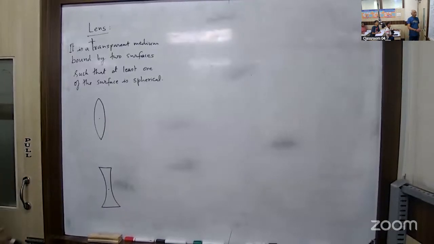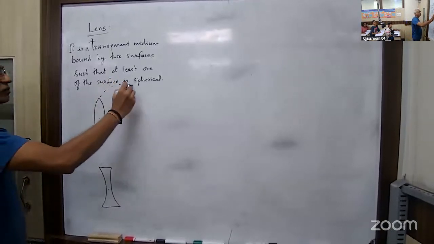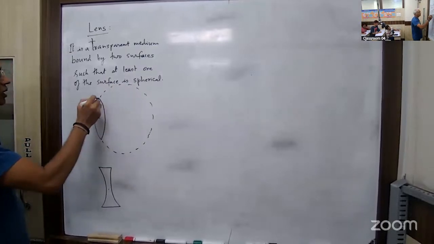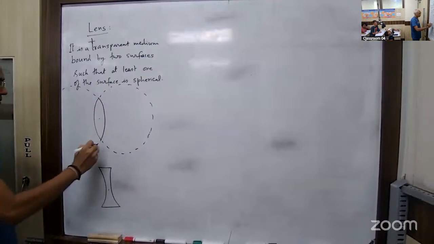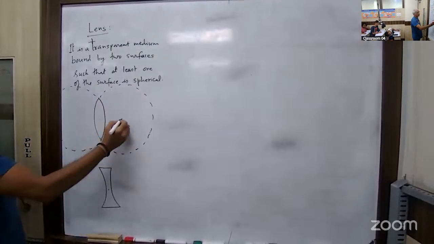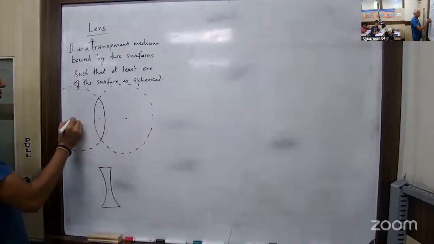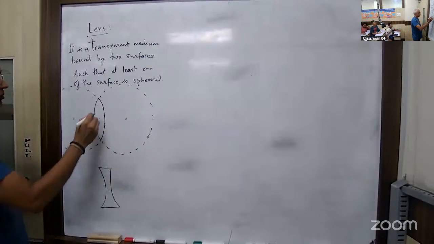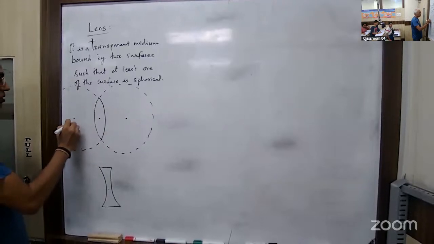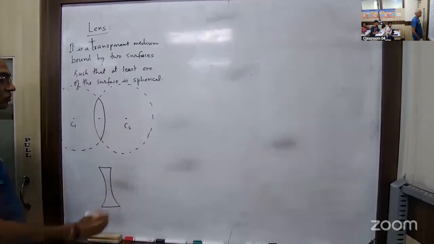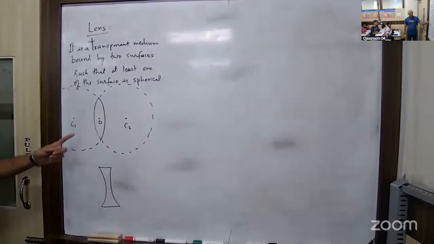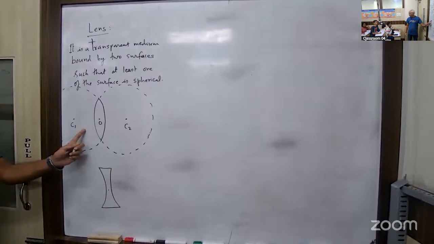Obviously you may have one sphere like this, and you may have another sphere like this. So this is C1, this is C2. In case of a lens, we call the center of the lens the optical center. We don't call it the pole. Okay.